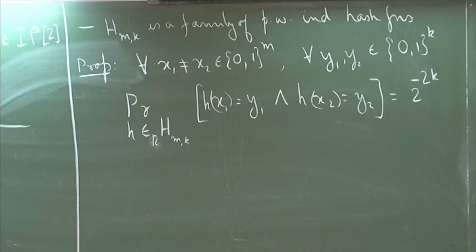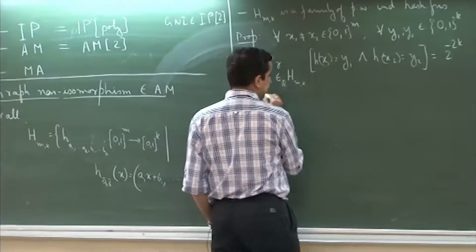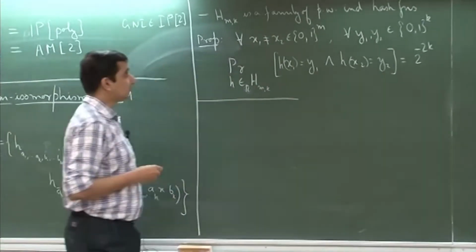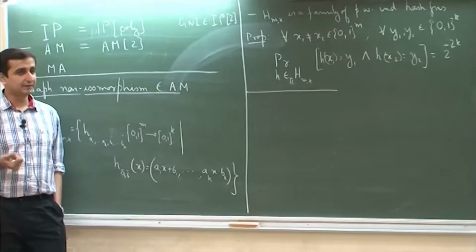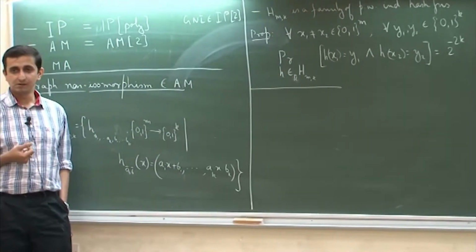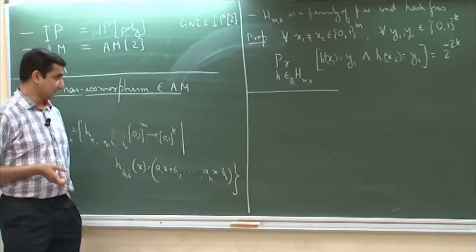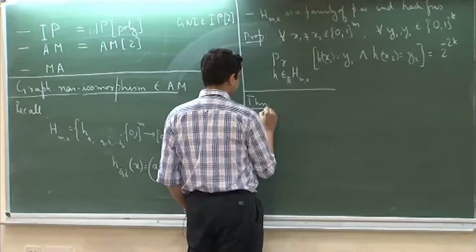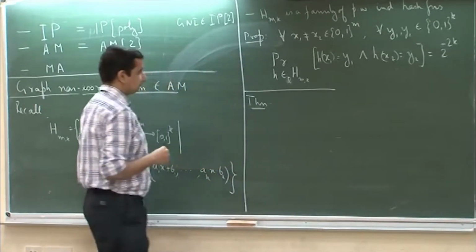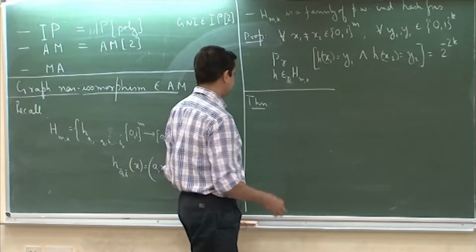We will use this fact, and we will also use another tool from probability. How many of you have seen the inclusion-exclusion principle? You have seen it, right? Let me just recall not the full inclusion-exclusion principle, but the corollary of it that we will be using.